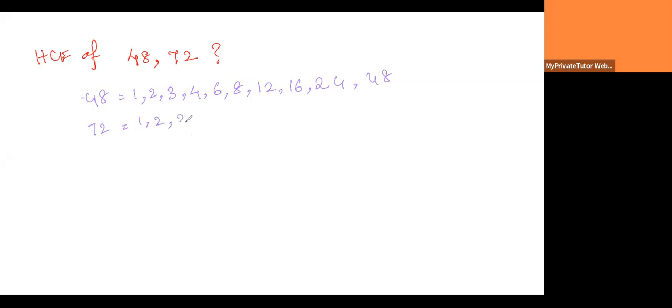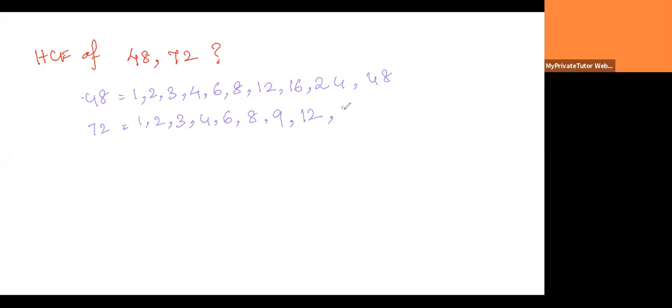So 1, 2, I think we can divide by 3, by 4, 6, I think, yeah, 8, yes, 9, yes, 12, 15, 16, I don't think so.